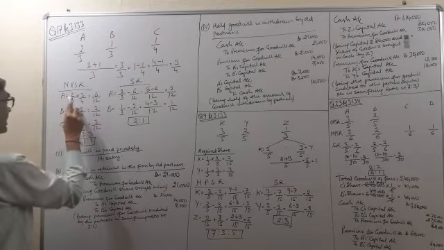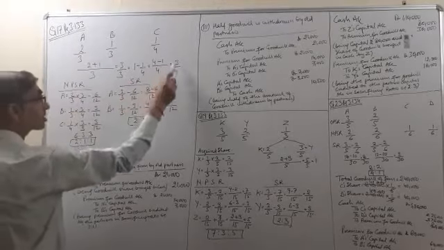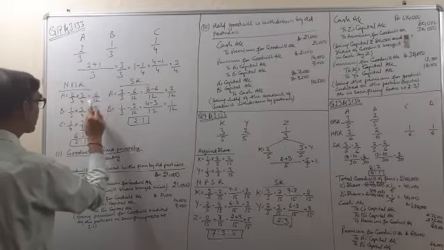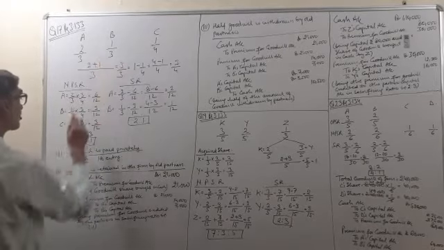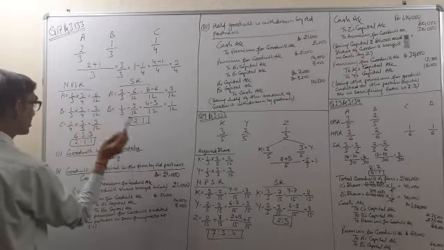A's old share was 2/3 and this 3/4 is to be distributed, so multiply by 3/4, which is equal to 6/12. B's old share was 1/3, multiplied by 3/4 gives 3/12.